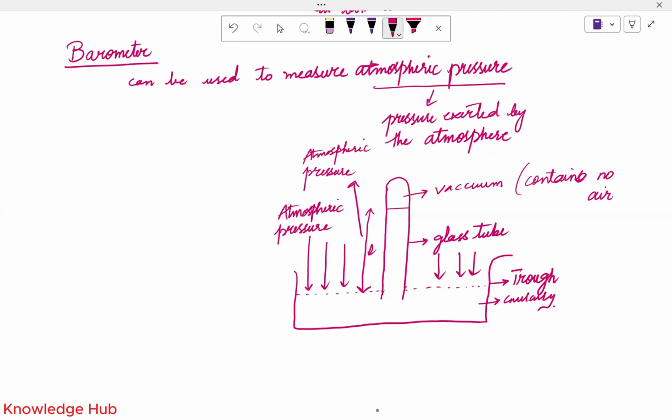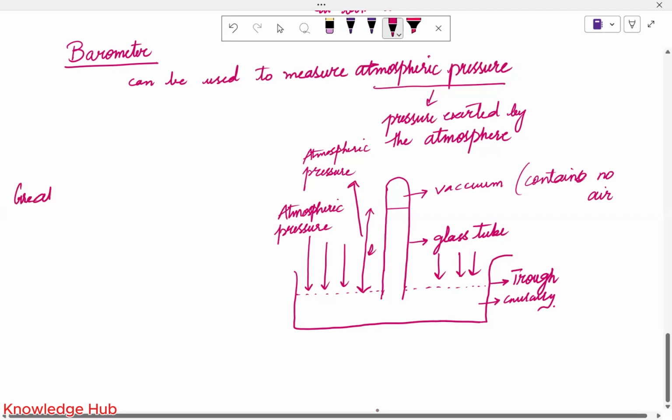So greater the atmospheric pressure, greater will be the length.